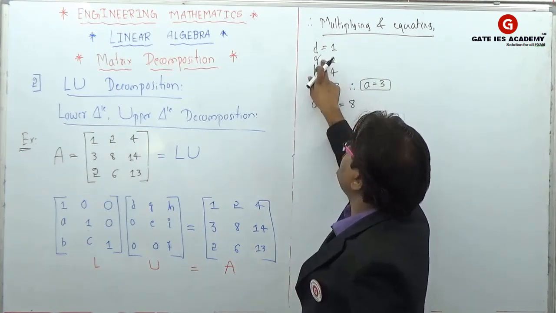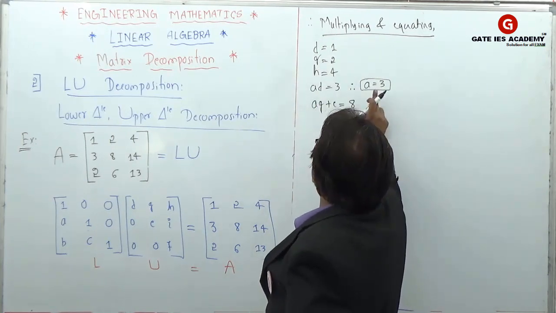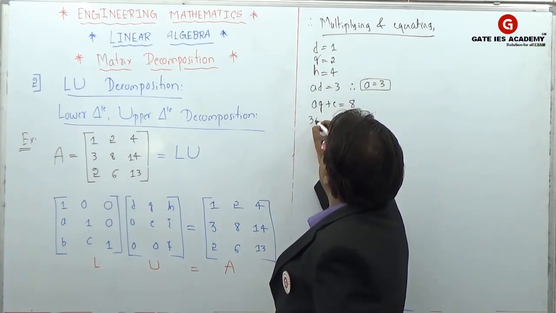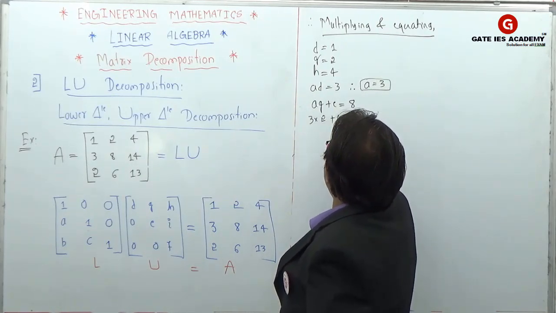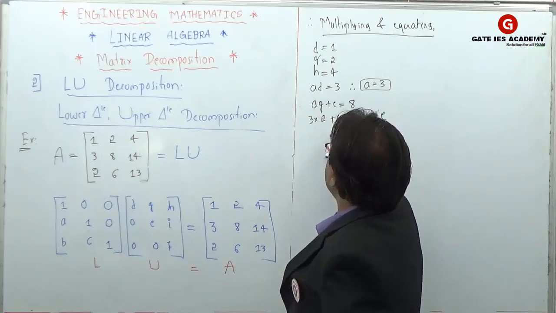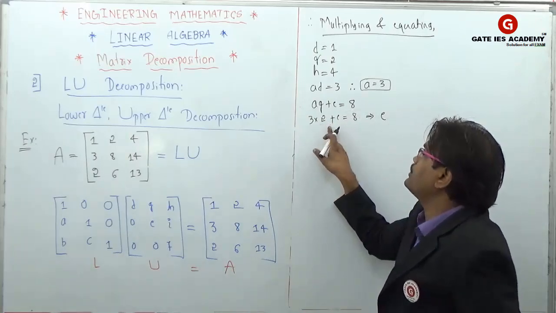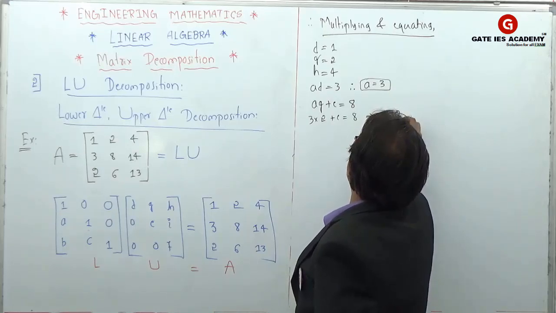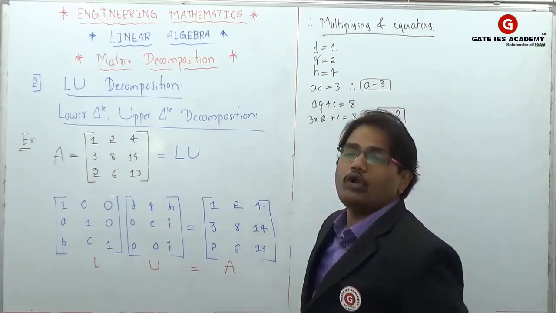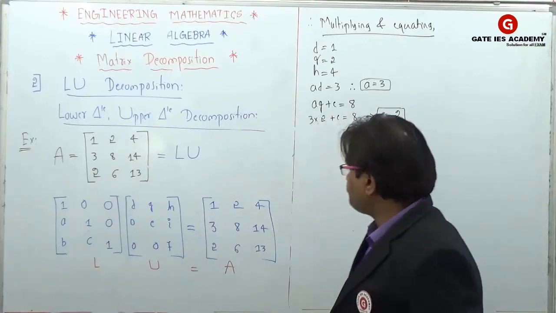But AG is known: A is 3 and G is 2, so 6 plus E equals 8. Therefore E equals 8 minus 6, which is 2.